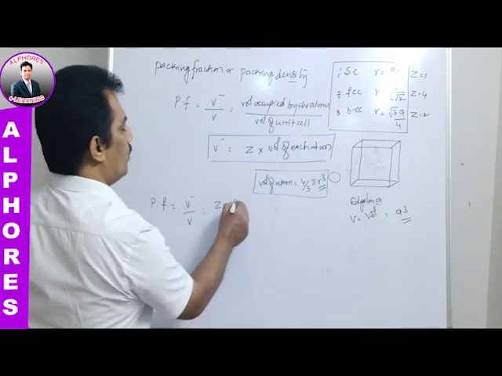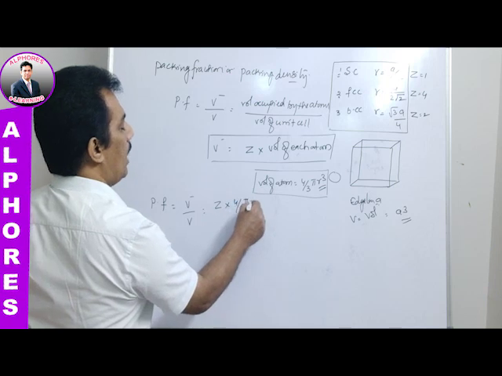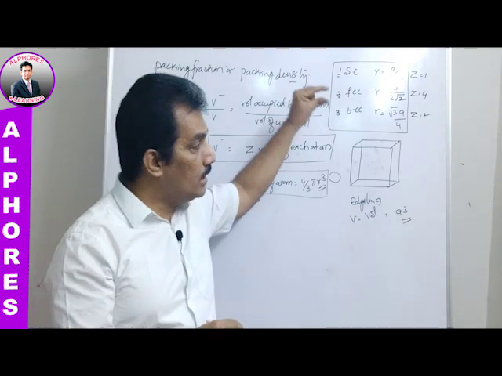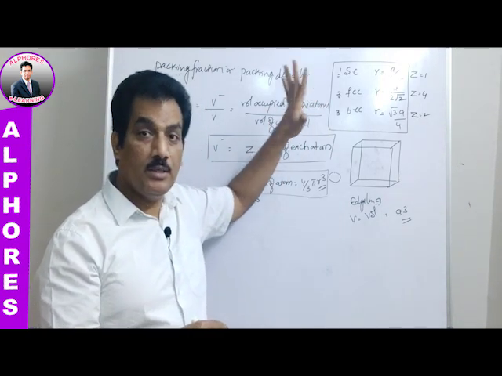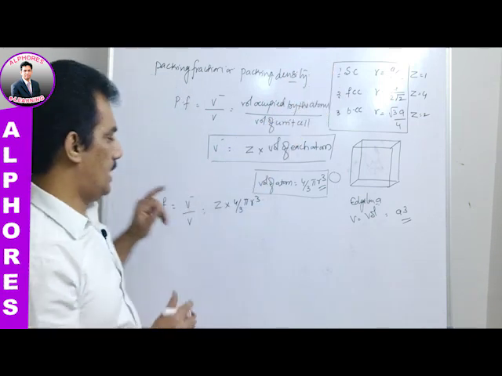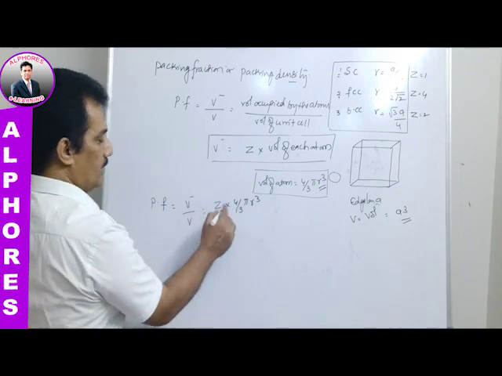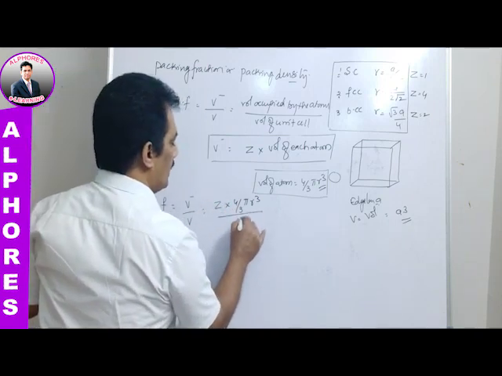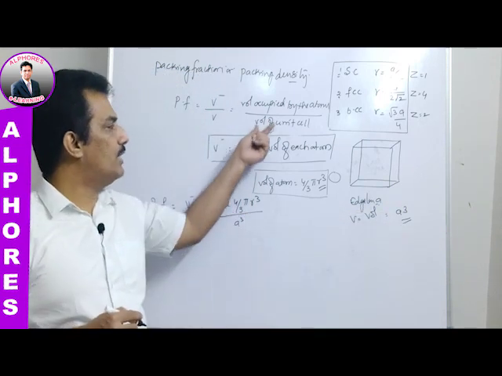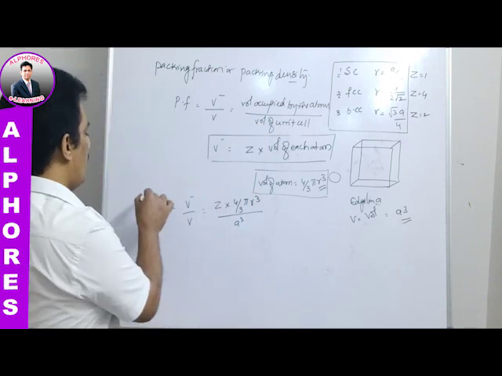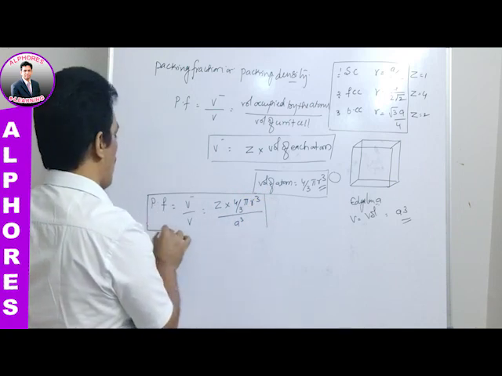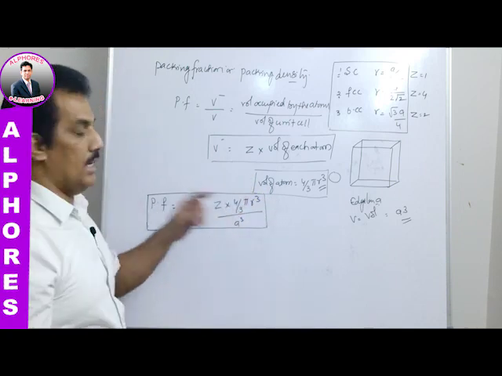And r is the radius of the atom present in that particular unit cell, which depends on the type of cubic unit cell. This is the volume occupied by atoms divided by A cube, where A is the edge length, giving the volume of the unit cell. This is the formula to measure the packing fraction of any unit cell.